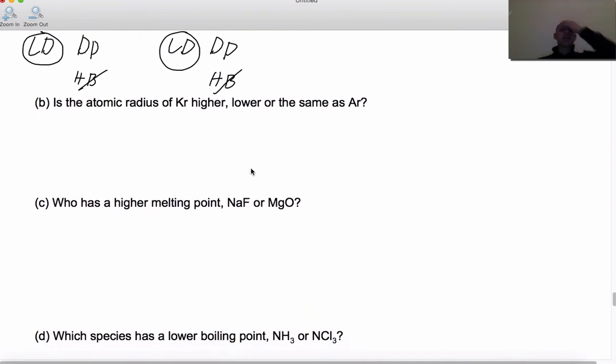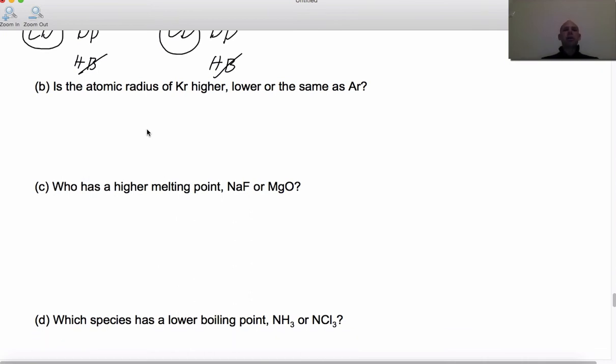Is the atomic radius of Kr higher or lower or the same as Ar? Now I believe Kr is lower on the periodic table. So Kr has a larger atomic radius because Kr's electrons are more shielded from the nucleus, thus yielding a lower ionization energy and a higher atomic radius.